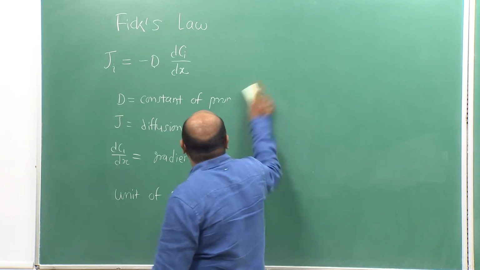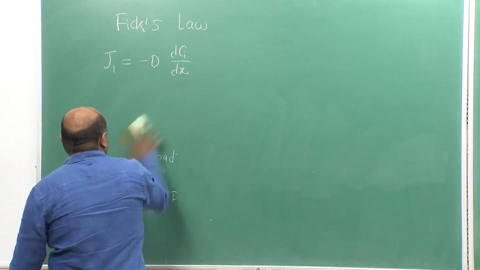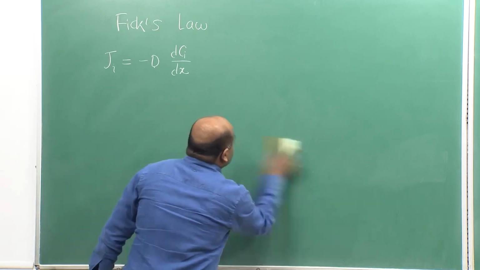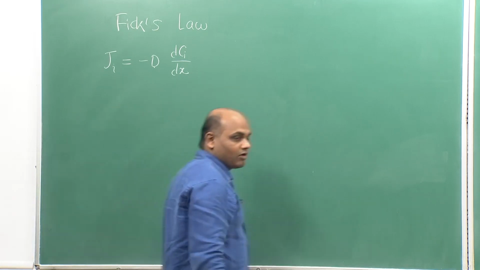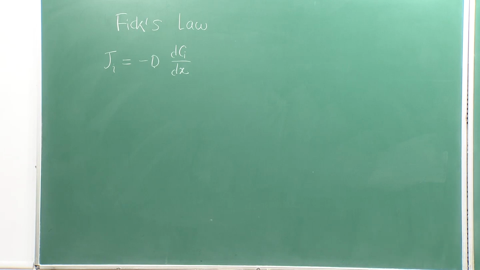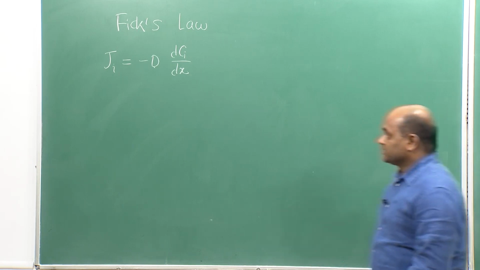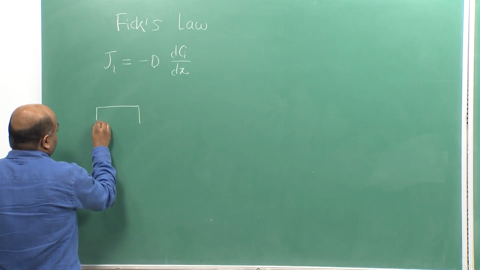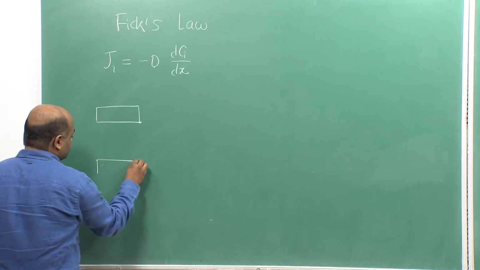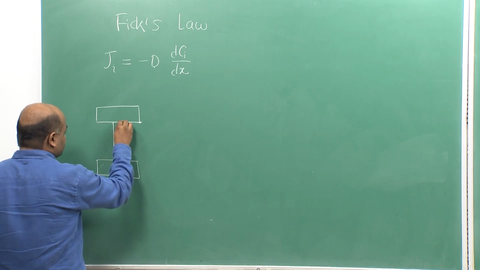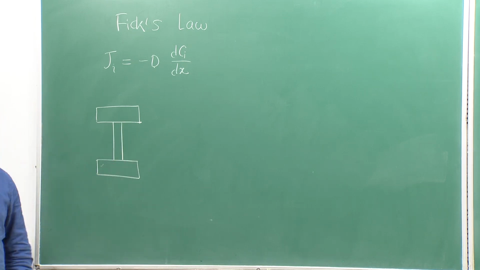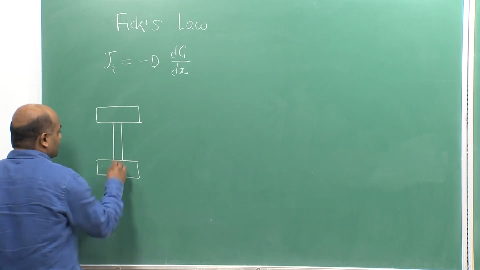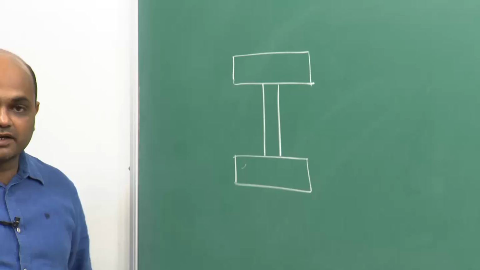So, this is the law that he proposed, and then Fick also carried out experiments to demonstrate the validity of this law. Again, the experiments were with the salt and water solution. What he did is he connected two large reservoirs of solutions with a cylindrical tube.